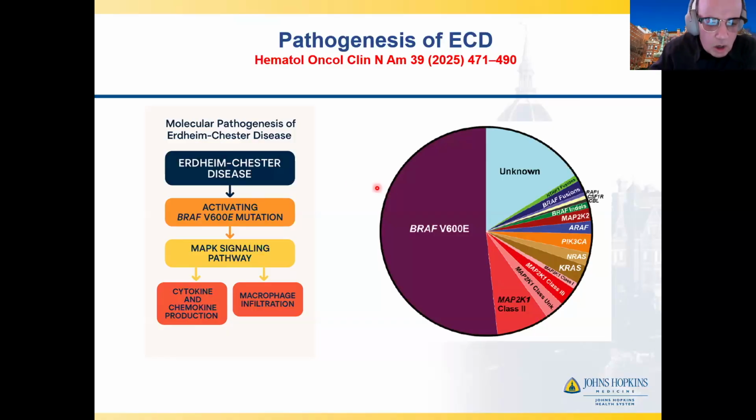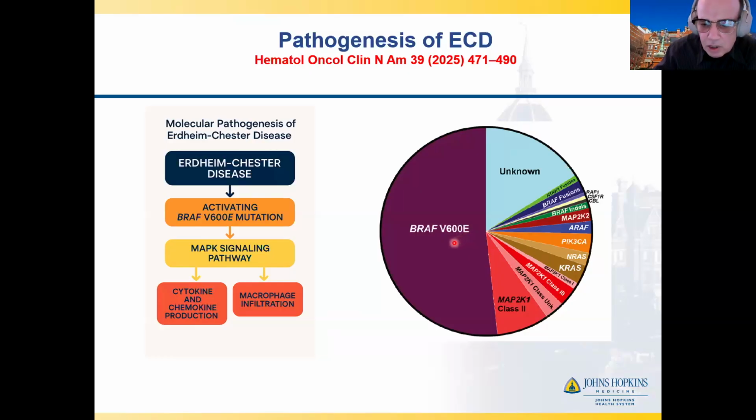So when you have this activating BRAF mutation, you have this growth and more division of these histiocytes that will invade organs, and some of these organs obviously is the kidney. And you can see here that more than 60% of patients with Erdheim-Chester will have this activating mutation, where amino acid number 600 of this protein, the valine, is replaced by another amino acid called glutamic acid.